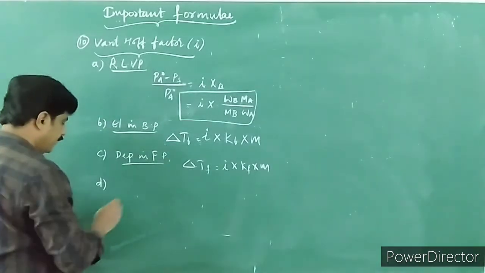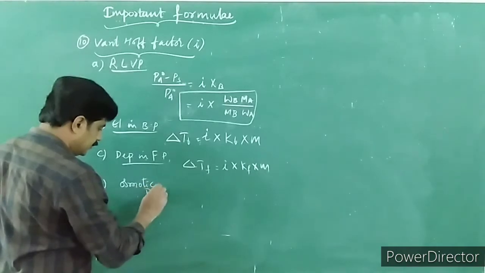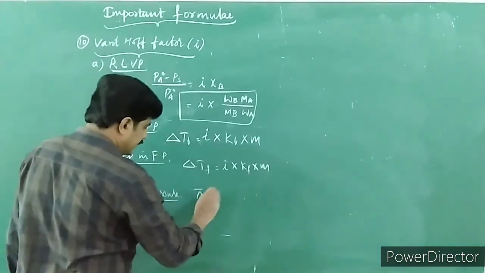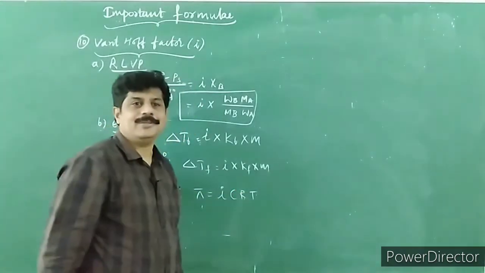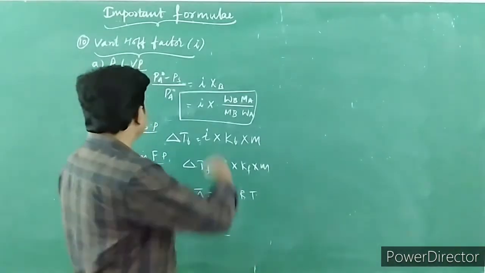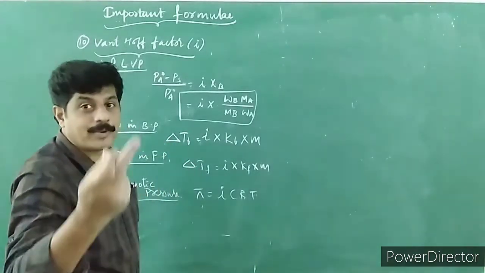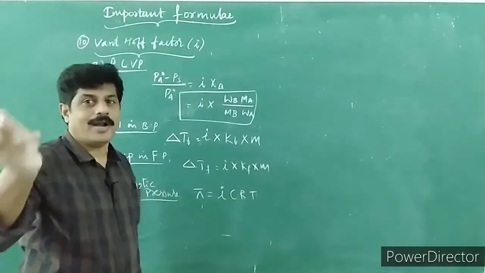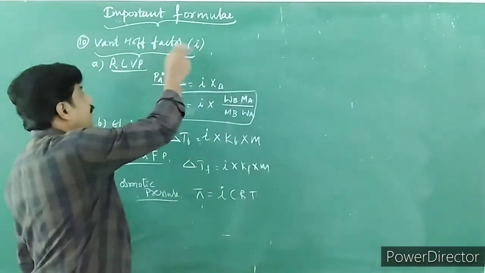The last one we have is osmotic pressure: pi is equal to I into CRT. So these are the modified formulas for colligative properties in case the non-volatile solute undergoes either association or dissociation, by inserting the Van 't Hoff factor.